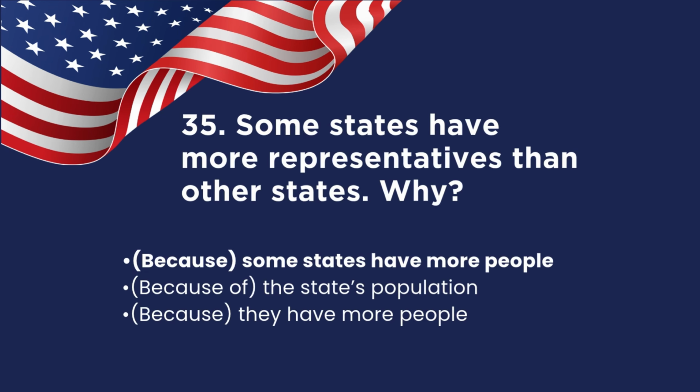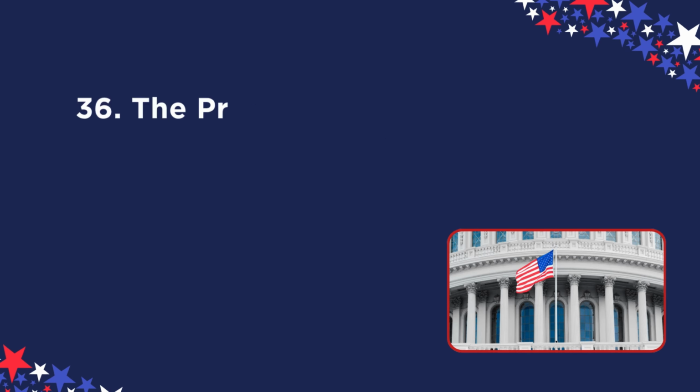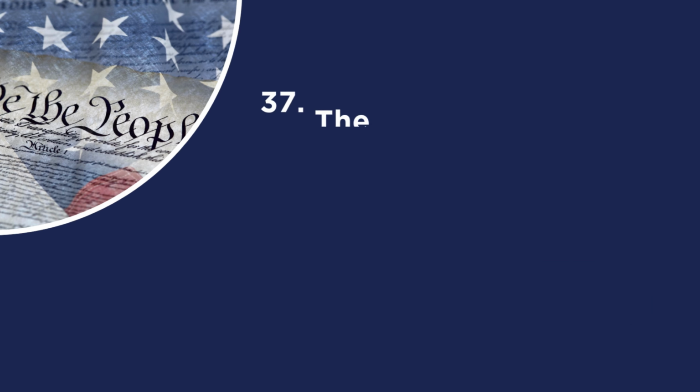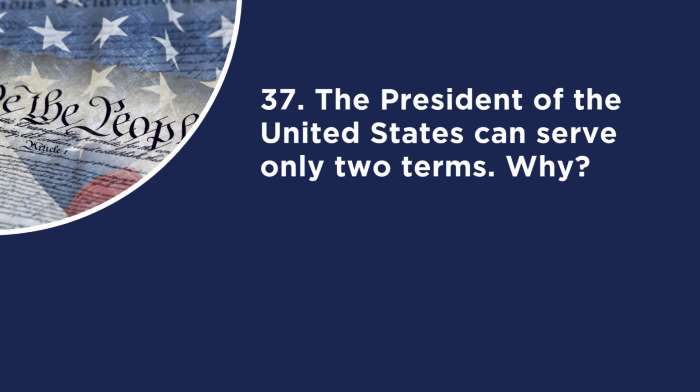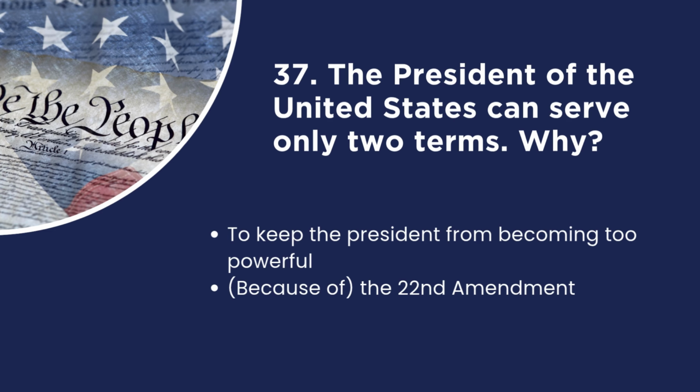Why? Because some states have more people. The President of the United States is elected for how many years? 4 years. The President of the United States can serve only 2 terms. Why? To keep the President from becoming too powerful.